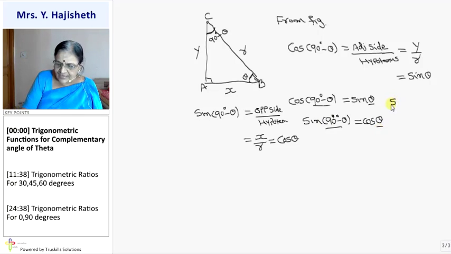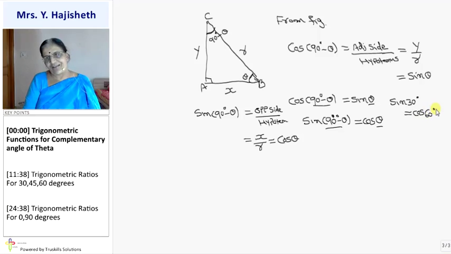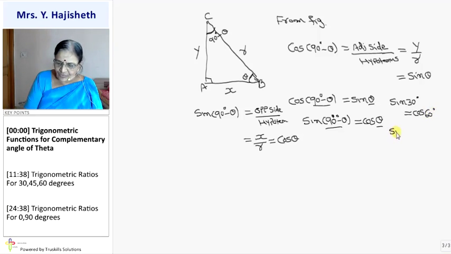So I can write sine of 30 degree is cos of how much? 60 degree. 90 minus 30. Sine of 15 degree is cos of 90 minus 15. So it is 75 degree. Sine of 13 degree is cos of how much? 90 minus 13.